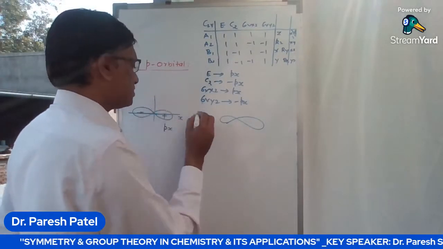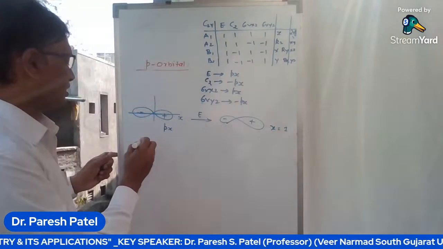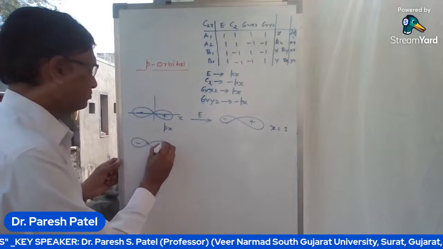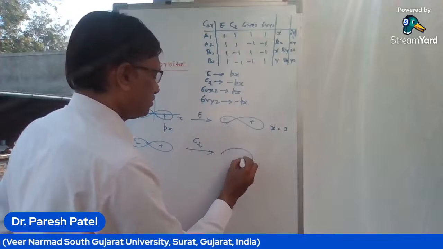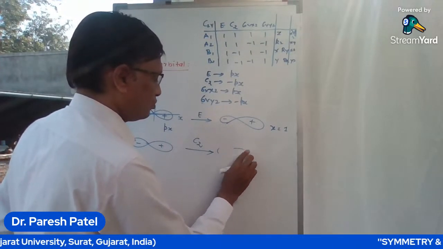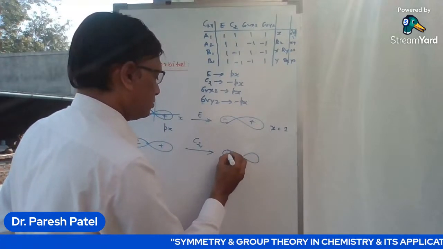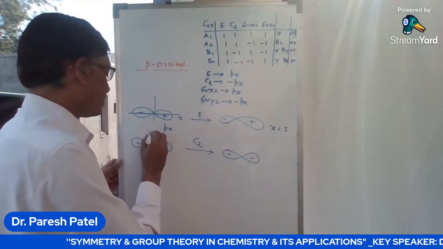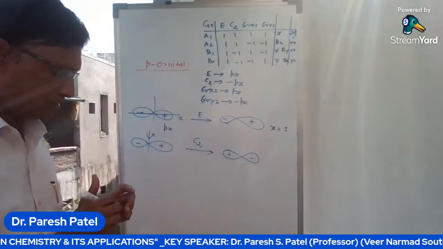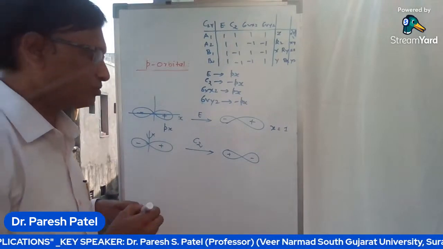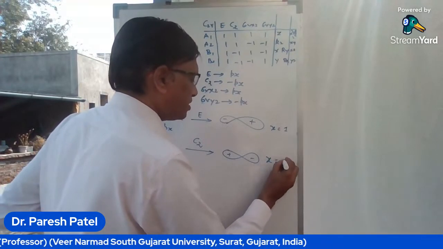Suppose this one is plus and minus, then plus and minus remain as they are. It means the character assigned is plus 1. In case of the C2 symmetry operation, the signs of the lobes change, so the character can be assigned as minus 1.